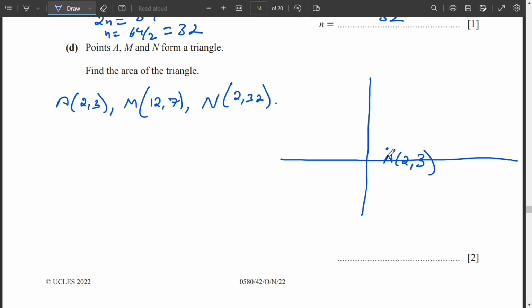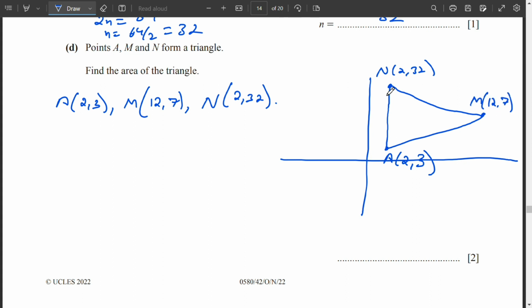See, their x coordinate is the same, but over here, y for N must be like over here, which is 2, 32. So we can join this line A to N. And where is M? This is 12 over here, and 7 might be like this. So you can consider this as the point M, which is 12, 7.